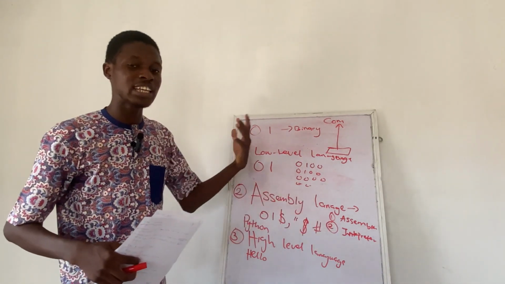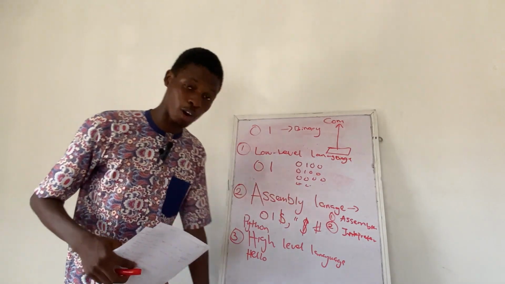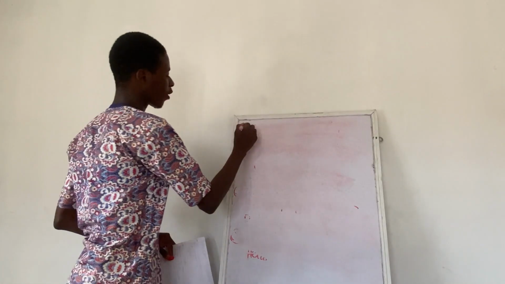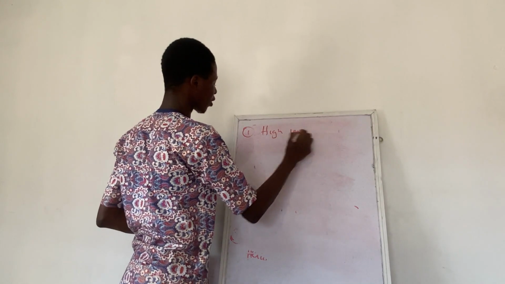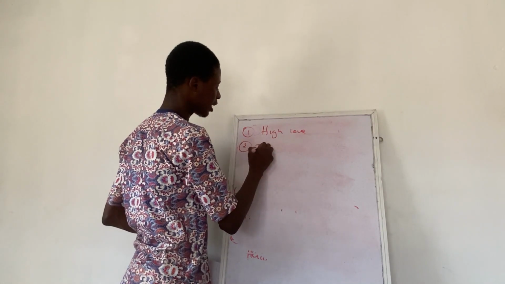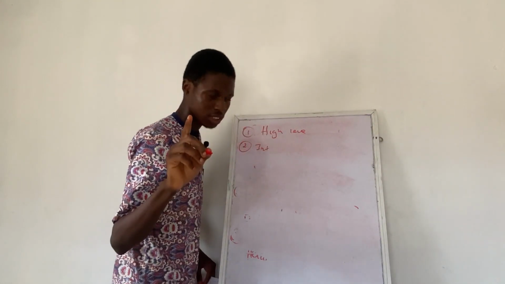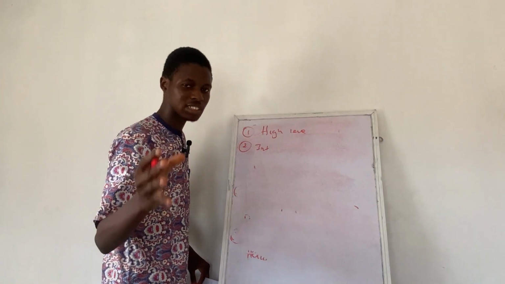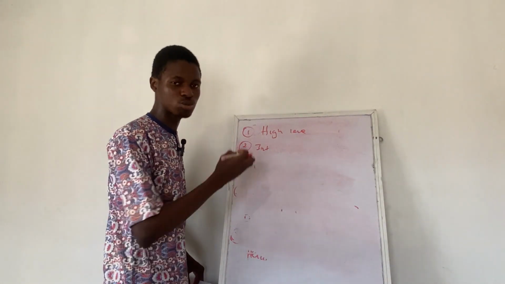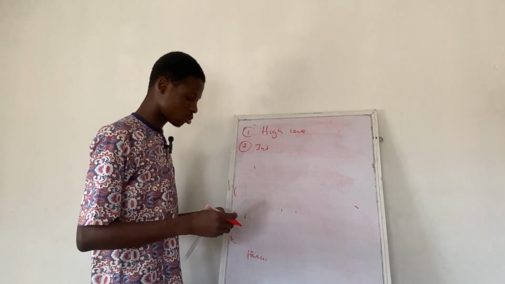That's why I say that it's an interpreted language. I hope you get it. So the first point is Python is a high level language, and the second point is that it's interpreted. Note, Python makes use of an interpreter to translate that English-type code into 0 and 1.